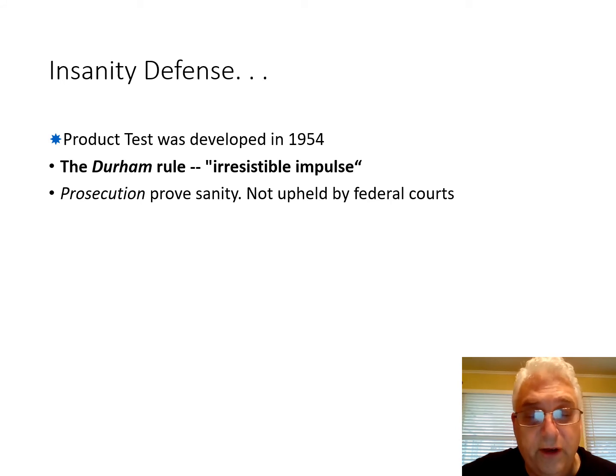If a client testifies that I was temporarily insane when I committed this crime, the burden was then switched under this case to the prosecution to show that the accused was in fact sane. So that shifts the burden. Under McNaughton, the burden was on the defense. Under the Durham rule, the 1954 decision, the burden now goes to the prosecution.